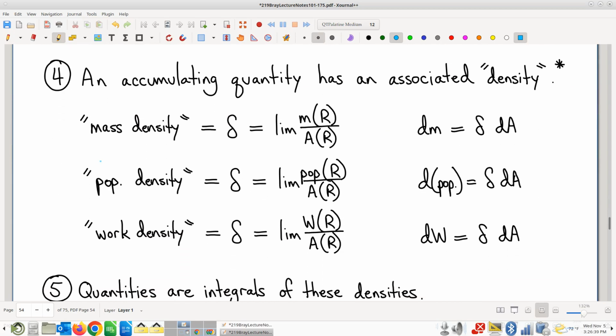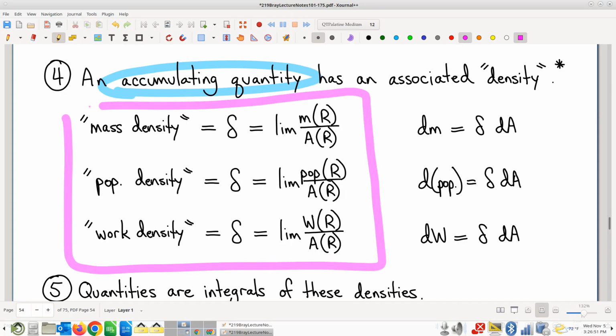Okay, related note. When you have an accumulating quantity, which of course we are now thinking of as a kind of stuff, then we can talk about the associated densities. Now, mass density, easy concept. We talked about mass density many times. Y'all were aware of mass density before you started this class.